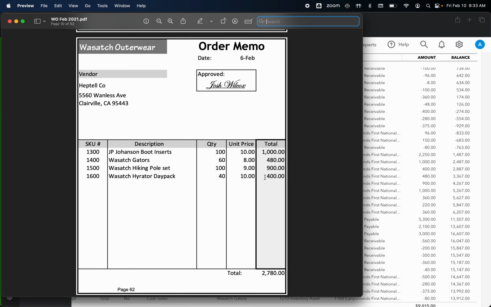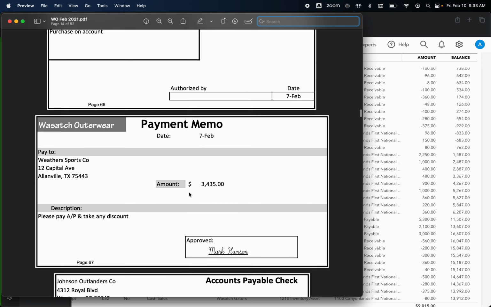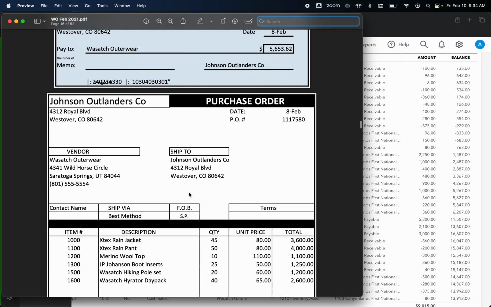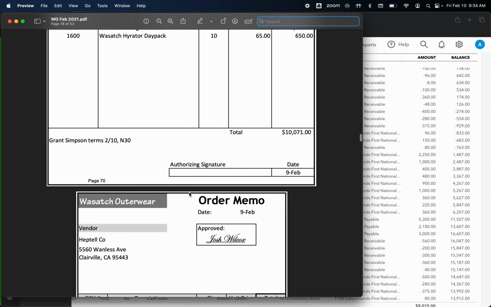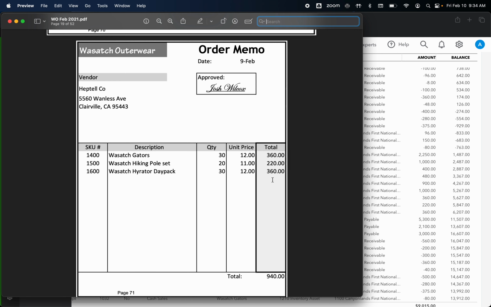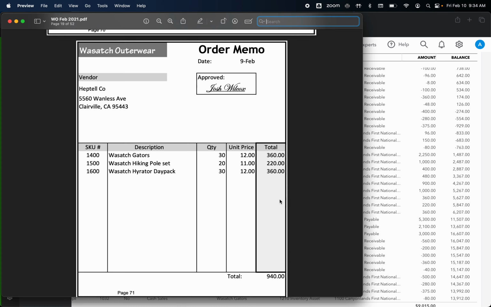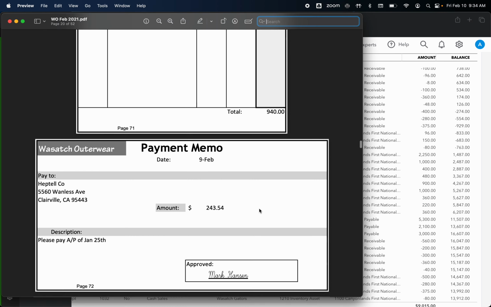Again, it's here, just has a different date. Okay, so we have that one. Payment memo, purchase order. Payment memo, purchase order, order memo for Heptel for 360 220. Okay, we have that one, so we got that one.